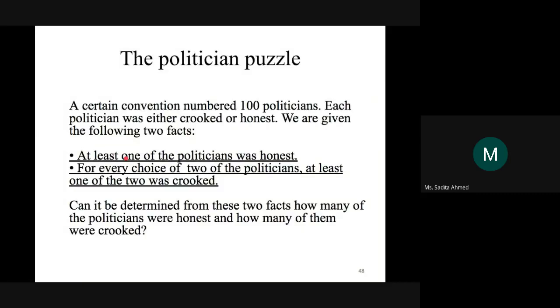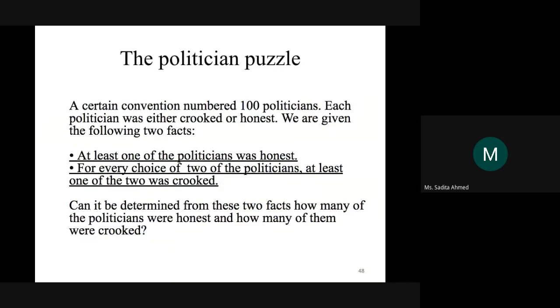So if we take that one honest politician and fix that politician in our choice, the second one can be anything. Now the second one, based on the condition here, always has to be crooked. Because of this fact, we're saying that all the other 99 politicians must be crooked.